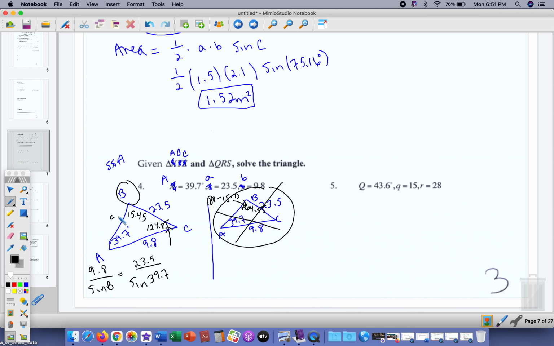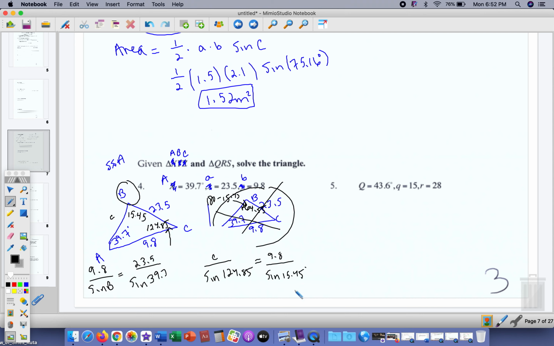And then to find little c, we can do little c over sine of 124.85 is equal to, we can do little b, 9.8 over sine of 15.45.